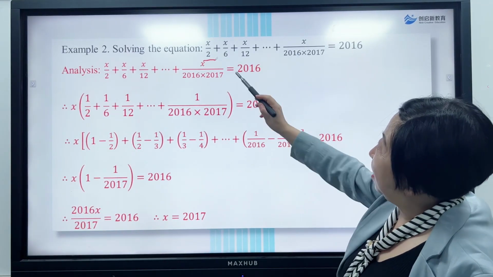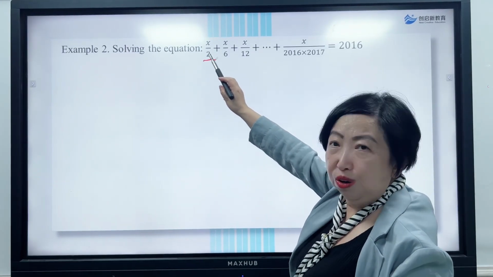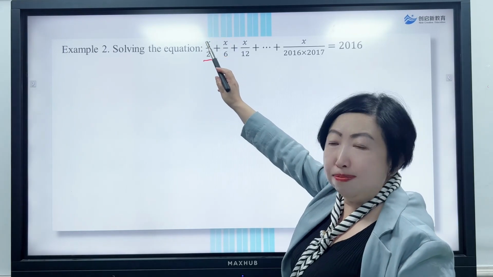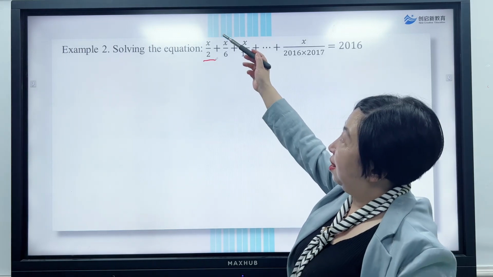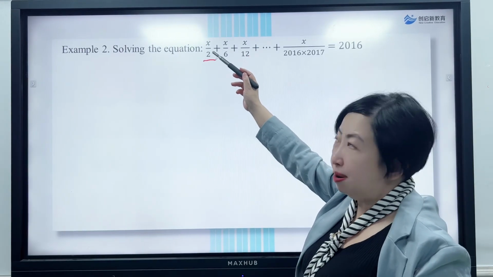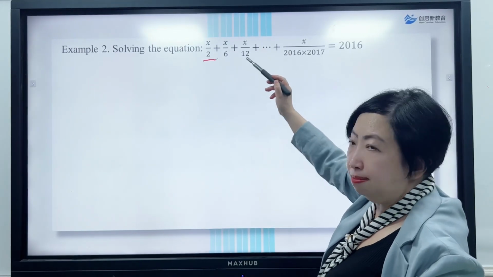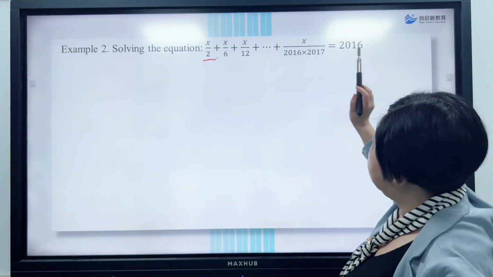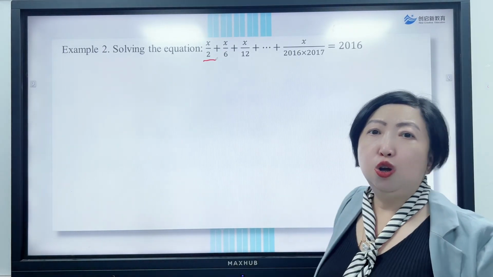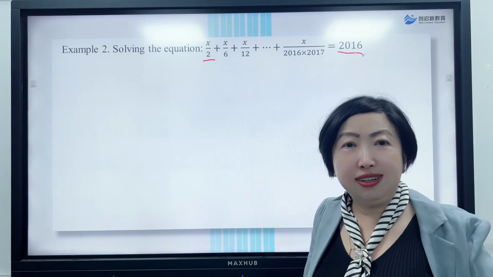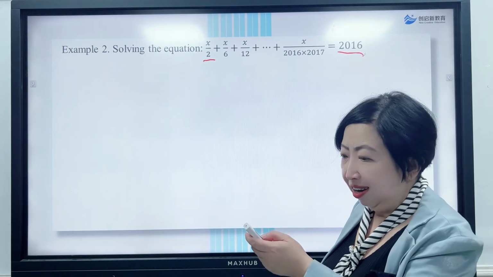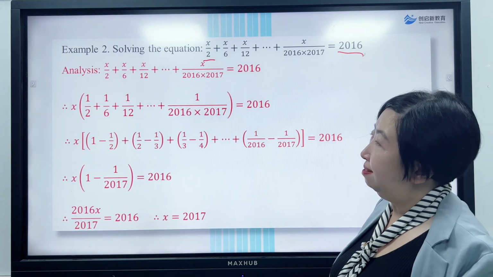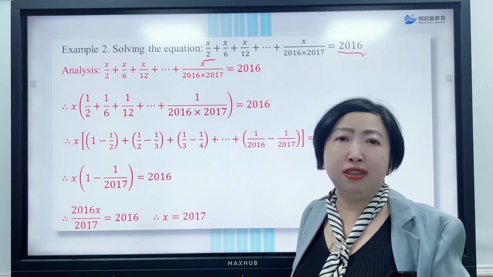Let's have a look. x over 2, plus x over 6, plus x over 12, plus and so on, equals 2016. What is x? Oh, we can't remove the denominators.